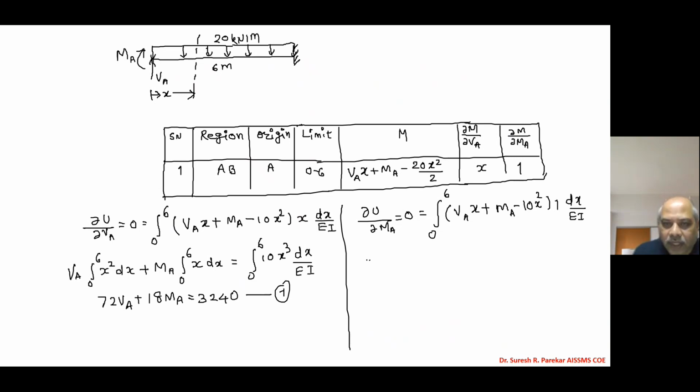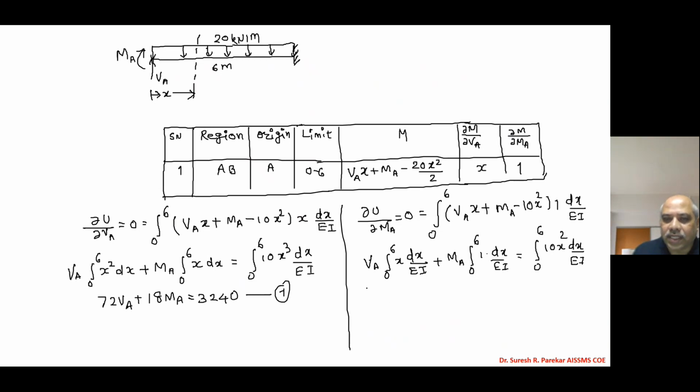When we separate it out, we have VA integration 0 to 6 x into dx upon EI plus MA integration 0 to 6 1 into dx upon EI, and that is equal to integration 0 to 6 10x square dx upon EI.